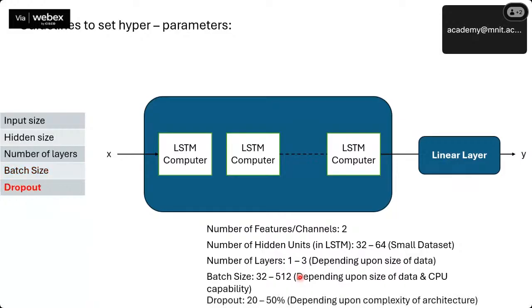Then the last thing that we may need to set is the dropout. How much dropout are we preferring? In recurrent neural networks, you can take any RNN, you can take LSTM, you can take bi-LSTM, you can take GRU. In all those RNNs, dropout is a very crucial layer.